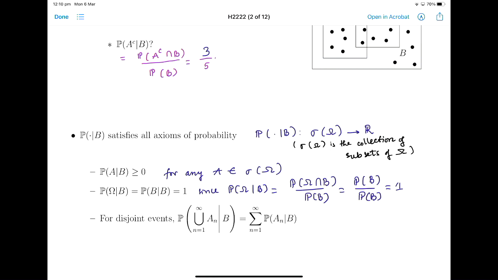A sigma algebra of omega is a collection of subsets of omega that satisfies: a countable union belongs to this collection, and a countable intersection also belongs to this collection. If you have a collection of subsets of omega satisfying these properties, then it is called a sigma algebra of omega.